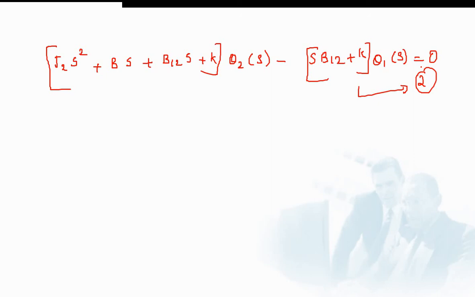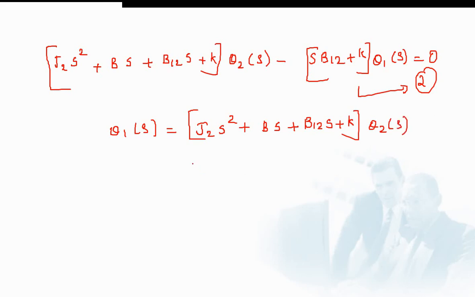Now if we get an expression for theta 1 of s in terms of theta 2 of s, then from the equation number 2, we can write theta 1 of s is equal to (J2 s square plus Bs plus B12 s plus k) into theta 2 of s divided by (s B12 plus k).